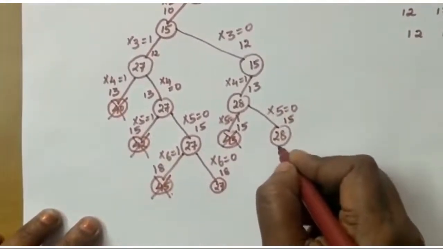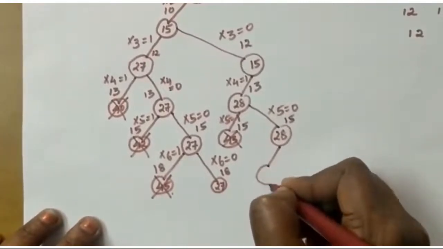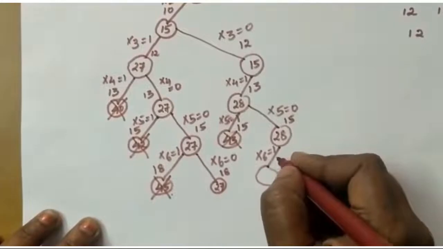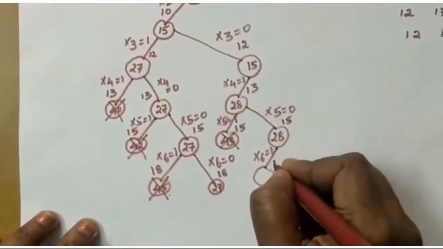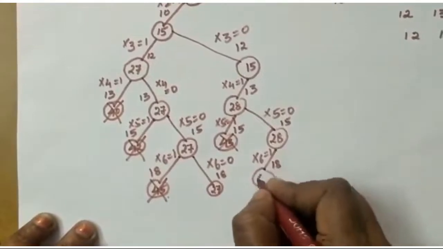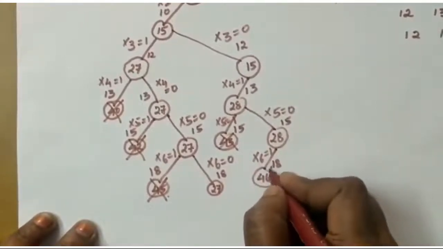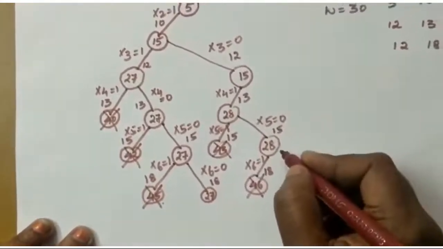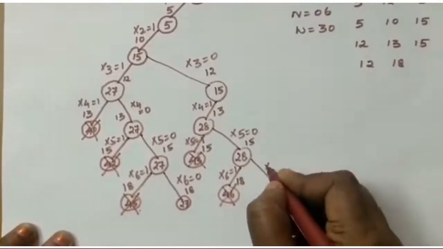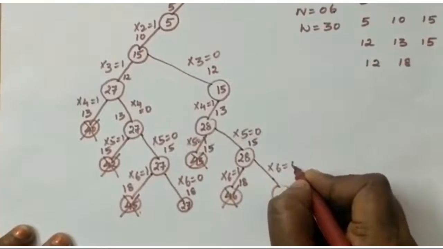Then we can go to the next level, sixth level on the left hand side, x6 equal to 1, we can include that sixth item, 18. So 28 plus 18, it's 46, but it's crossing the limit, and we kill it. And coming to the right hand side, we are not going to include the item, x6 equal to 0.